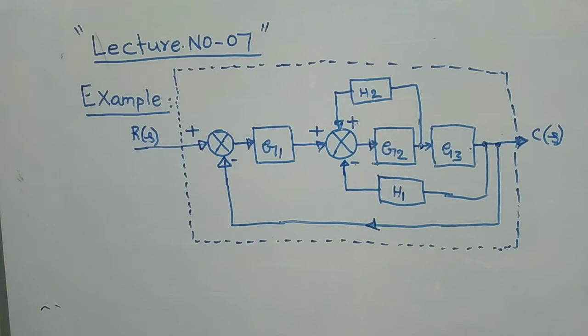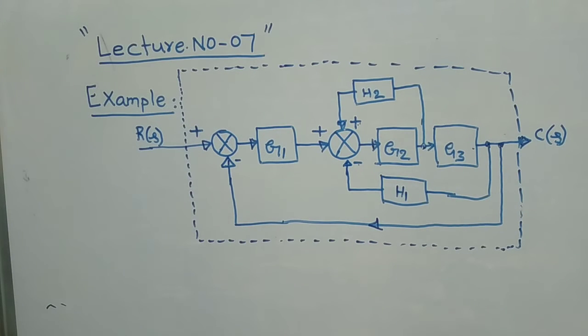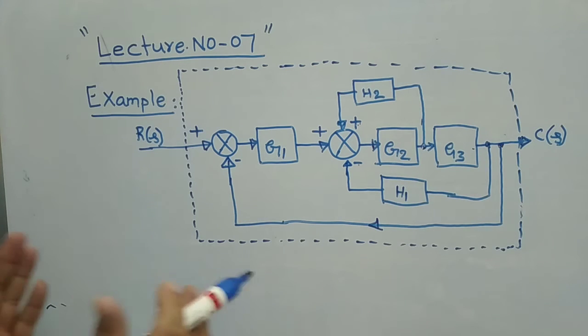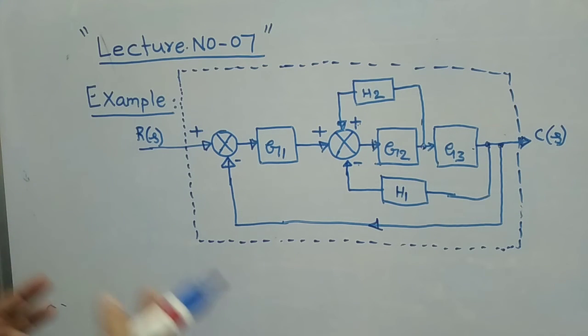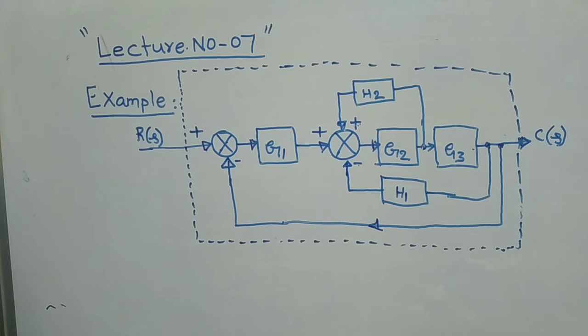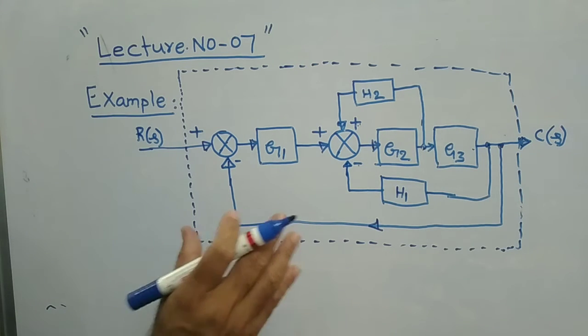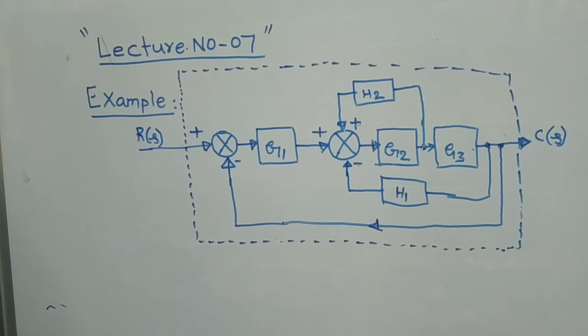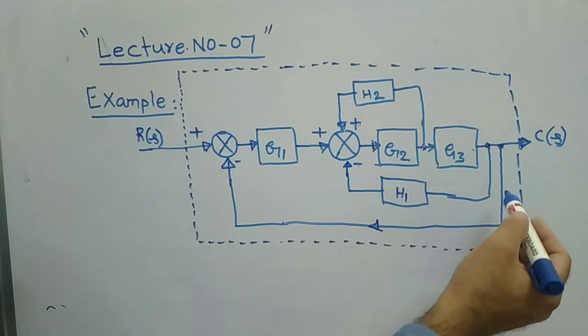Clear? Right, very good. Then the next very important point to remember is how to solve this problem, how to start the first step. Remember the basic fundamental in solving block diagram reduction problems, especially on this concept: see, there are three loops.